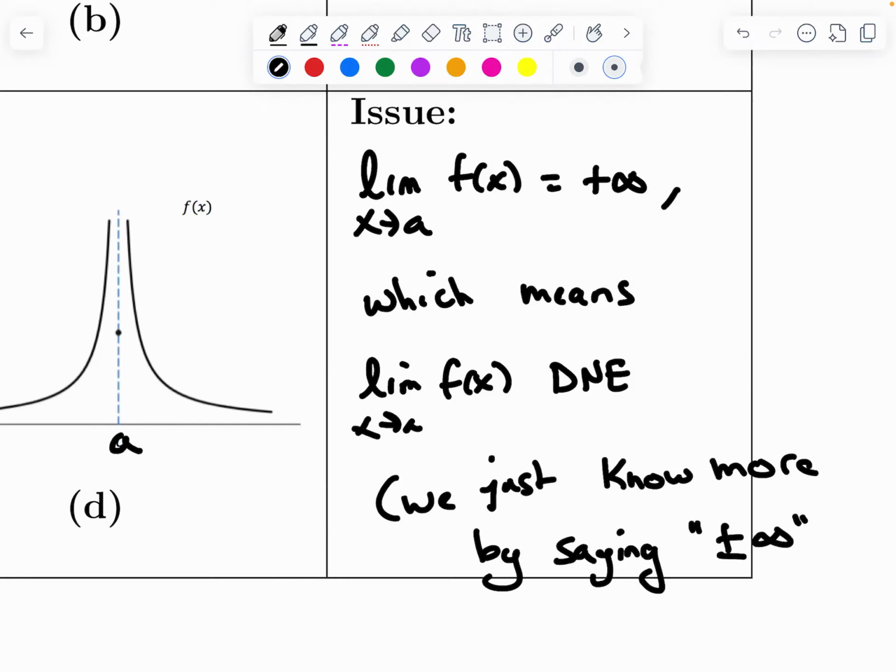We just know more by saying that it is positive or negative infinity. We just know a little bit more. We get to be more technically correct, which is the best type of correct, as we all know. Any questions on those?